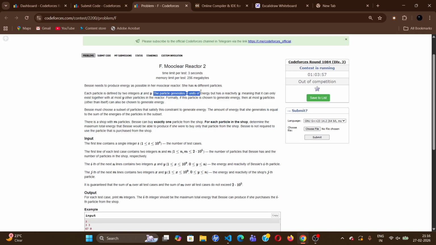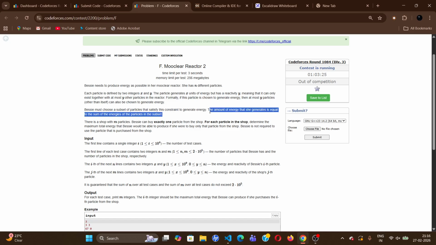The particle generates x units of energy but has reactivity y, meaning that it can only exist together with at most y other particles in a reactor. Formally, if the particle is chosen to generate energy, then at most y particles other than itself can also be chosen to generate energy. C must choose a subset of particles that satisfy this constraint to generate energy.